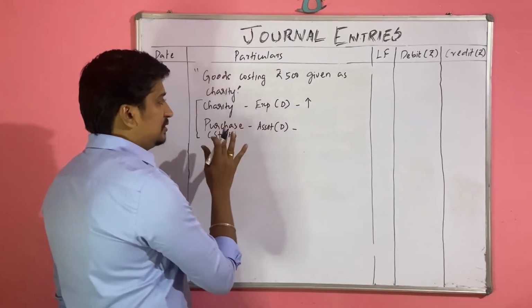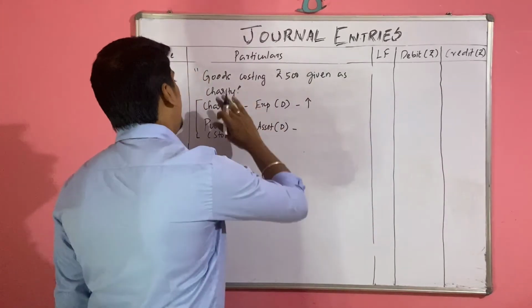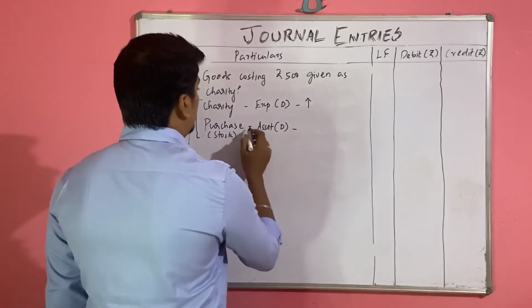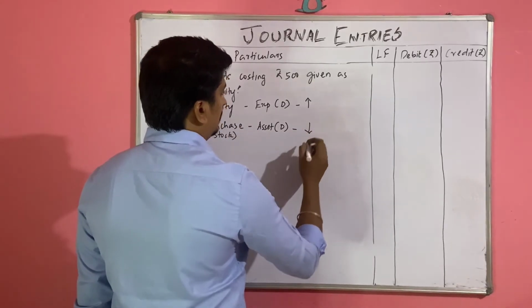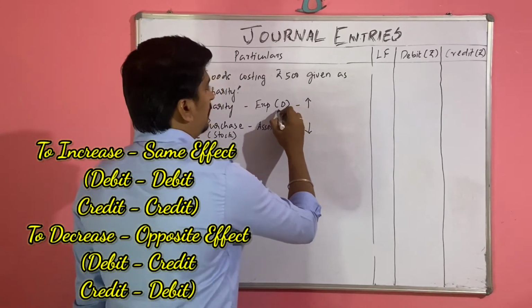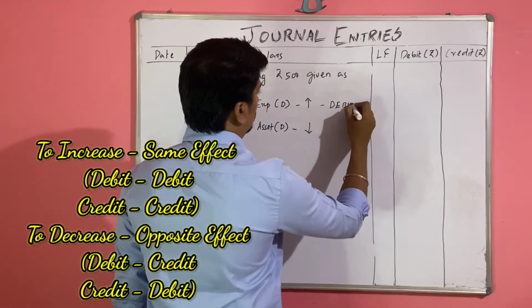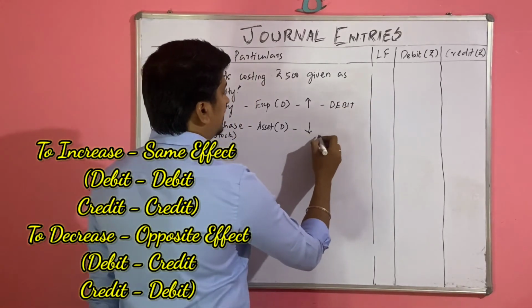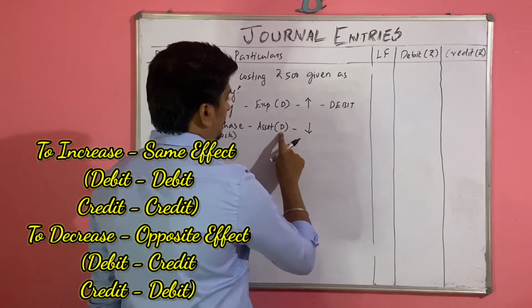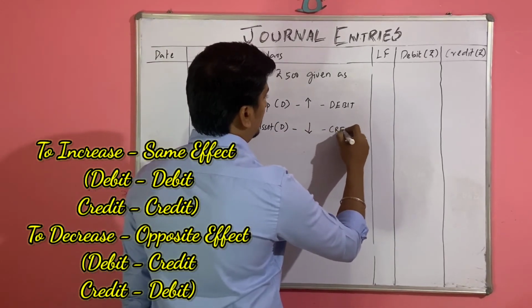We are not purchasing goods, but out of the goods that we had purchased, we took some goods and gave that as charity. So this stock decreases. Now apply the rule of increase, which says same effect as general balance: the debit account has to be debited. And apply the rule of decrease, which says opposite effect to general balance. It's a debit account, the opposite effect is credited. It is to be credited.